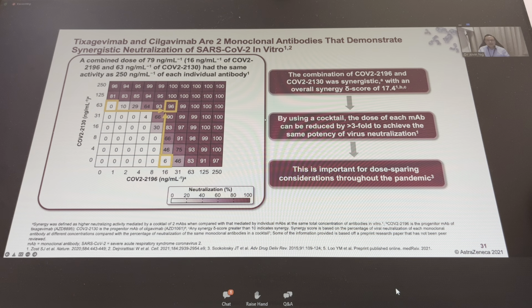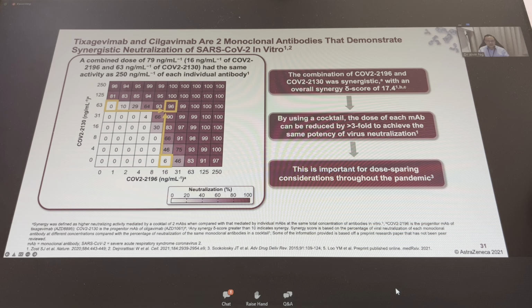Now, the combination of the Tixa and the cilgavimab is actually synergistic, and it gives an overall synergy score of 17.4. By using it as a cocktail, the dose of each monoclonal antibody can be reduced by more than 3-fold to achieve the same potency of virus neutralization. And this is important because of the dose that's given.